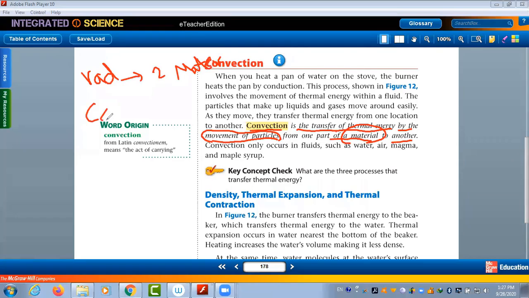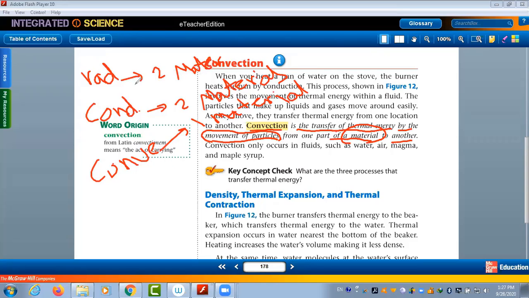In conduction, we also have two materials. But in convection, we have only one material. So pay attention to this part.